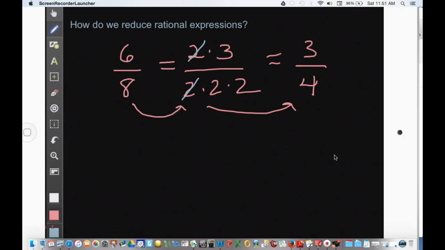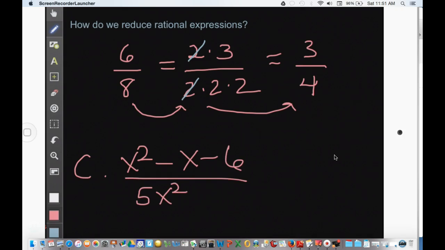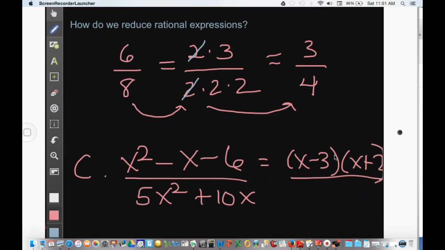With that said, for example C, let's look at reducing x squared minus x minus 6 over 5x squared plus 10x. You should note that the top factors into x minus 3 times x plus 2. The bottom has a GCF of 5x, so it's 5x times x plus 2. Now we could see the common factor in the numerator and denominator is x plus 2. And if we divide out by that, we are left merely with x minus 3 over 5x.